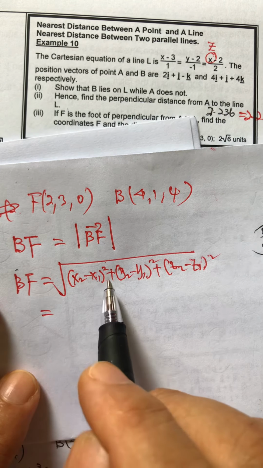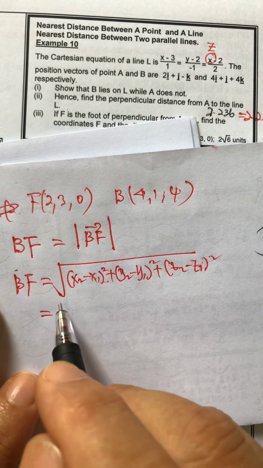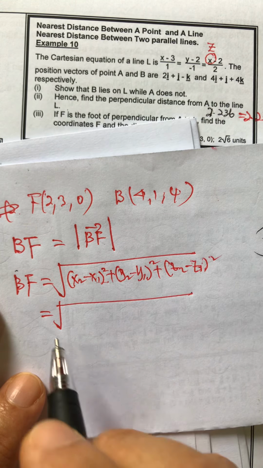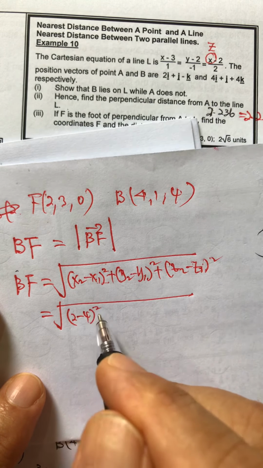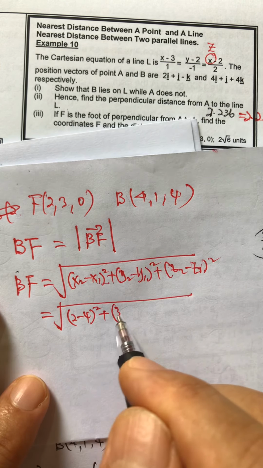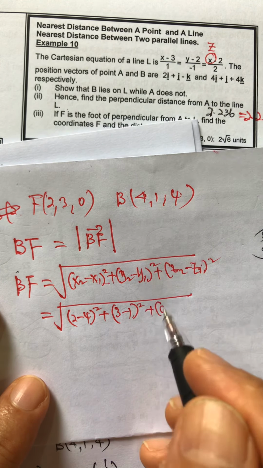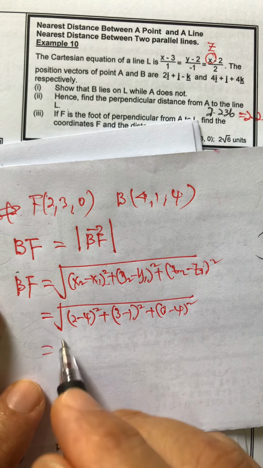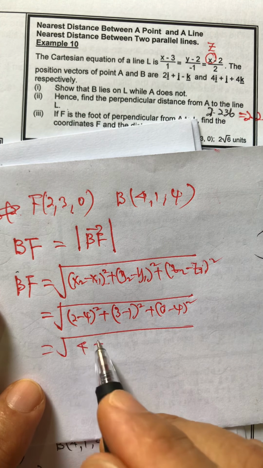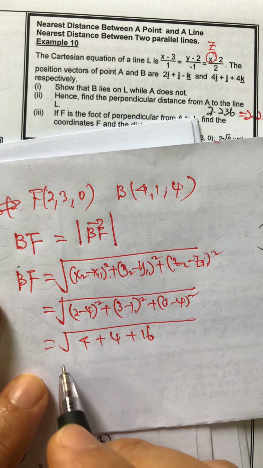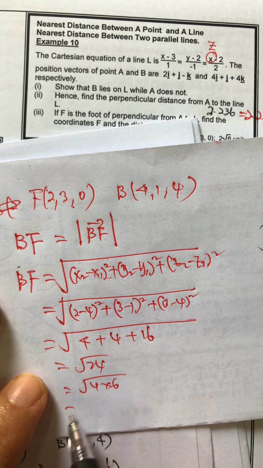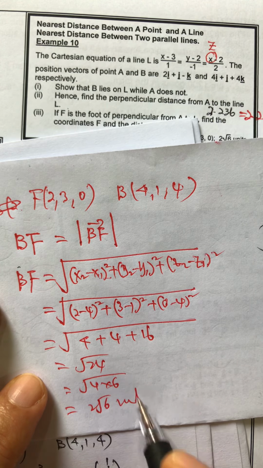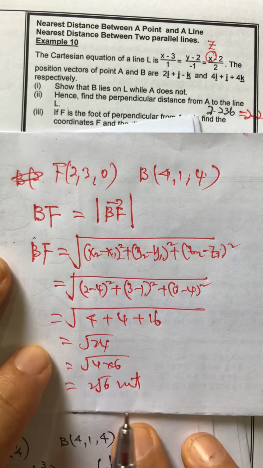So here, (2 minus 4) squared, (3 minus 1) squared, and (0 minus 4) squared. So you get the square root of 4 plus 4 plus 16, which is 24, which is 4 times 6. So it's 2 square root 6 units. That is the distance.